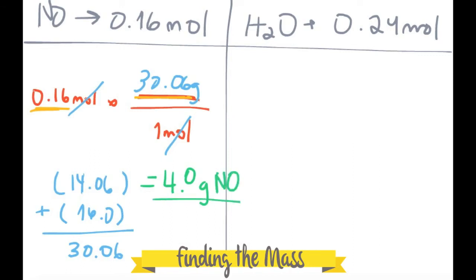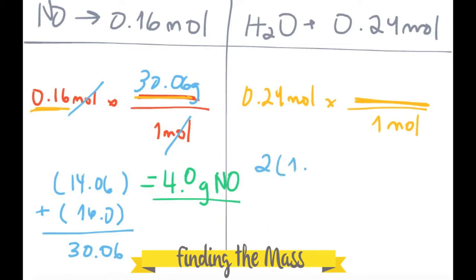Then we do the same thing for H2O. We put 0.24 moles times the molar mass over 1 mole. To find the molar mass, we can do 2 times 1.01 plus 16 to give us a total of 18.02.